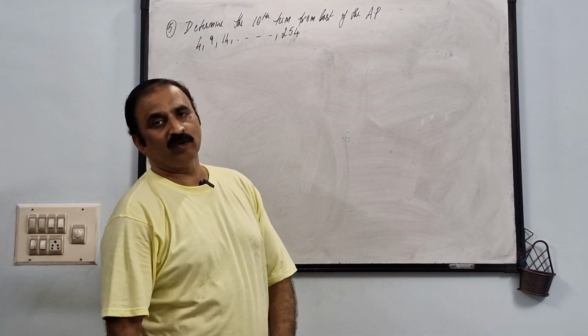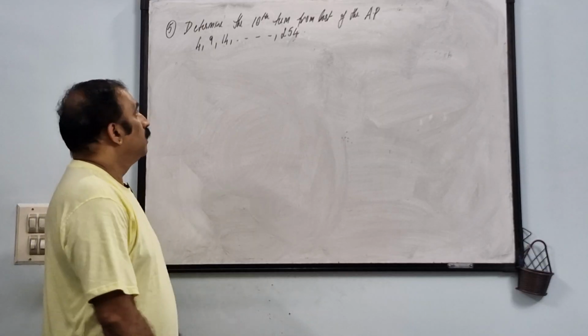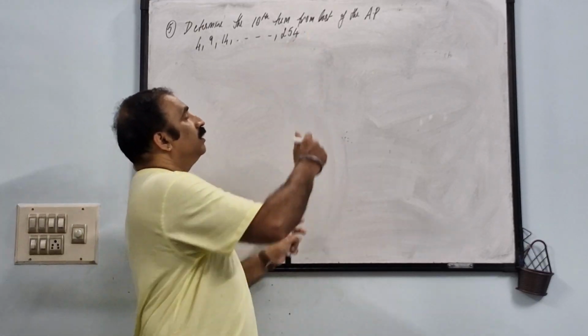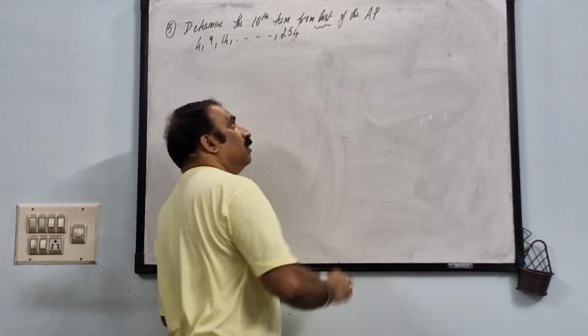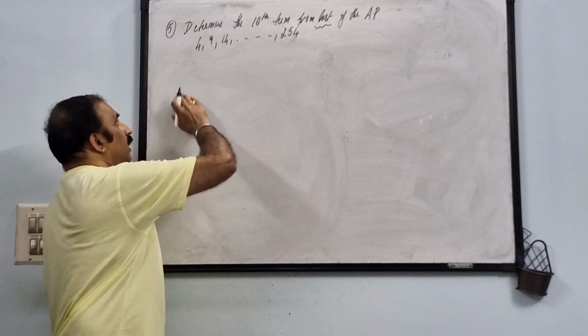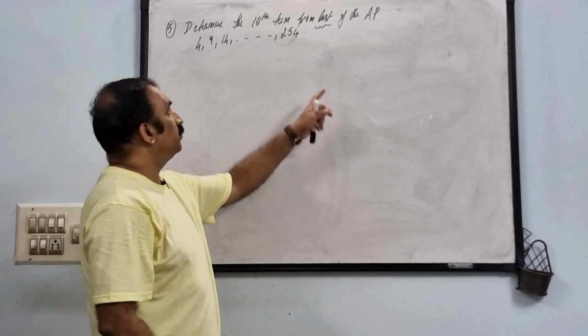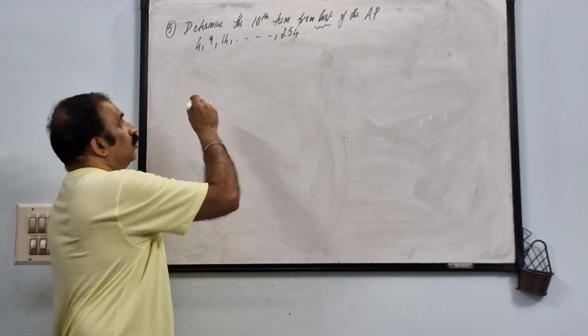Coming to the last problem for today. Arithmetic progression problem. Determine the 10th term from the last of an AP, according to the given values 4, 9, 14, and so on, and the last term is 254.